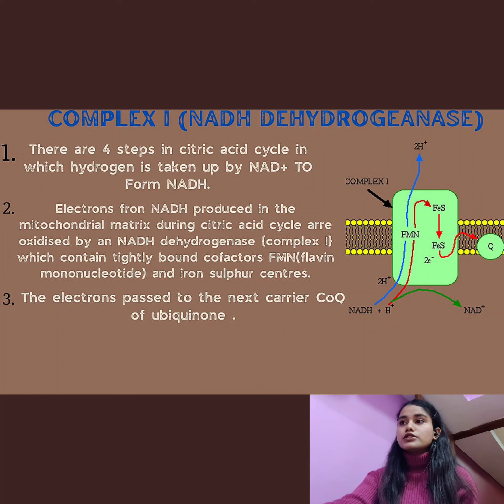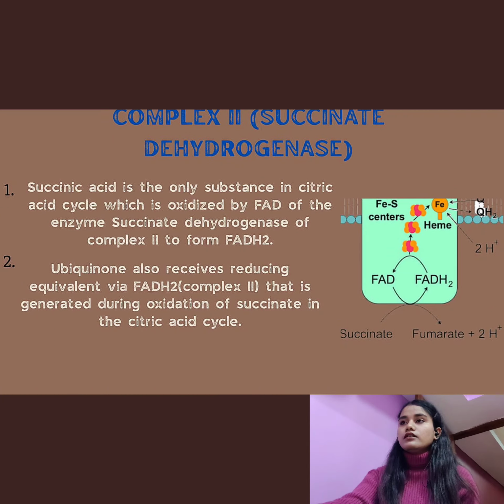Electrons from NADH produced in the mitochondrial matrix during the citric acid cycle are oxidized by NADH dehydrogenase, complex 1, which contains tightly bound cofactors FMN and iron sulfur centers. The electron passes to the next carrier, coenzyme Q or ubiquinone.